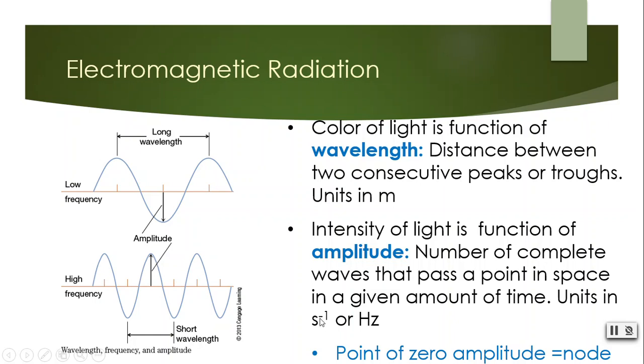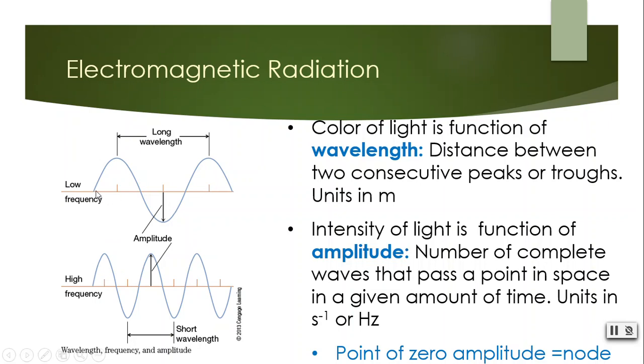We're going to talk a bit more about amplitude and energy with regards to electrons, and we're going to use this term called nodes that will be later on in the chapter. Right now, just know that for a light wave that can be characterized by frequency and wavelength, if you have zero amplitude or zero height of that wave, that is called a node.